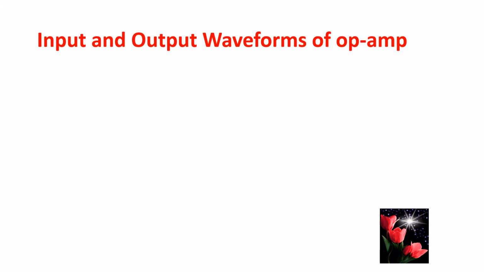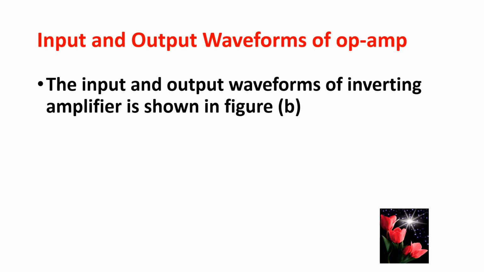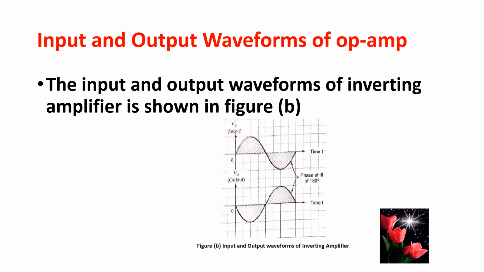The input and output waveforms of the inverting amplifier are shown in figure B. Here is a representation. The input and output waveforms have a 180 degree phase shift with each other. This is represented in this diagram.